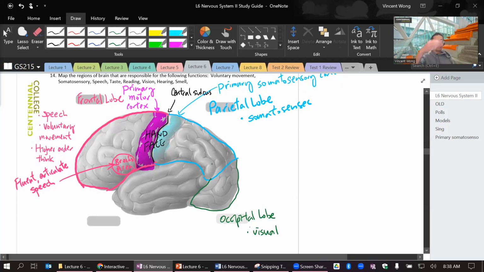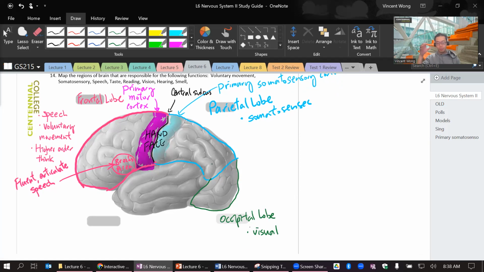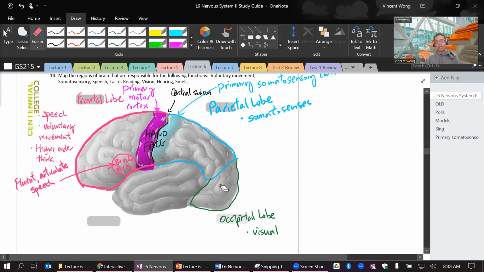Just to refresh your memory, an association area is an area found within each lobe that's dedicated to a particular sense. So the visual association area is responsible for storing memories related to vision. Like you recognize a particular symbol, you recognize a person's face, all that visual memory is created and stored in the association area inside the occipital lobe.